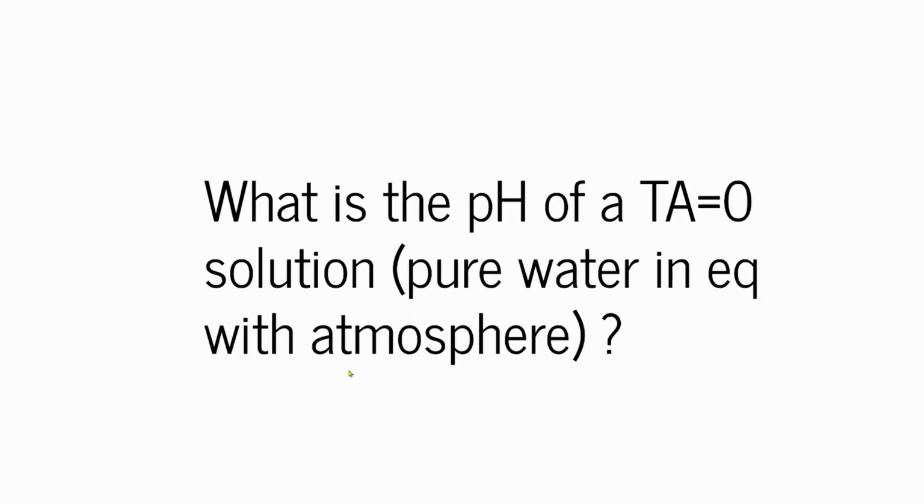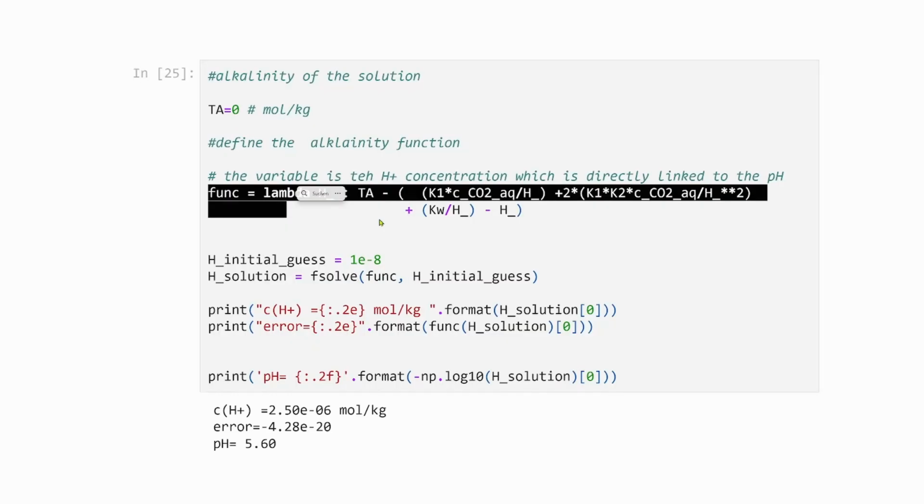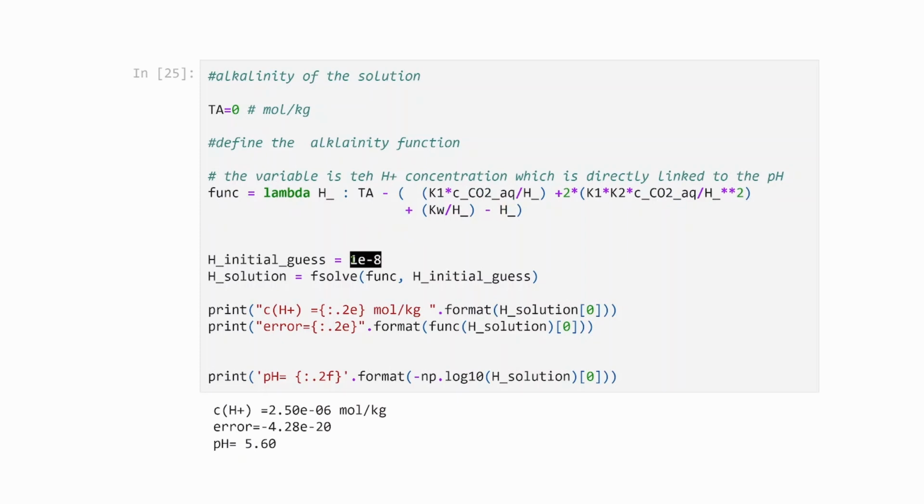Then what else could we do? What about the pH of a solution with no alkalinity, so purified water in equilibrium with the atmosphere? You might expect pH of 7 because it's pure water, but see. So setting in the same, alkalinity equals 0, then defining the error function, and making the same initial guess, and then calculate it, and pH is 5.6, and the error is quite small, so it definitely converged.